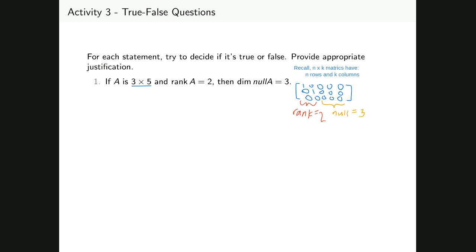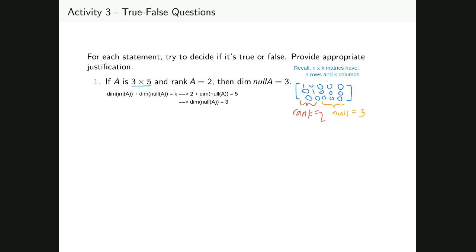And we can do a little bit of arithmetic and get that the dimension of the null space has to be 3. So this is totally generally true according to the rank nullity theorem. Nice.